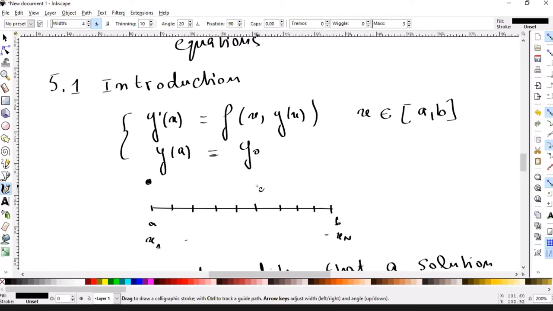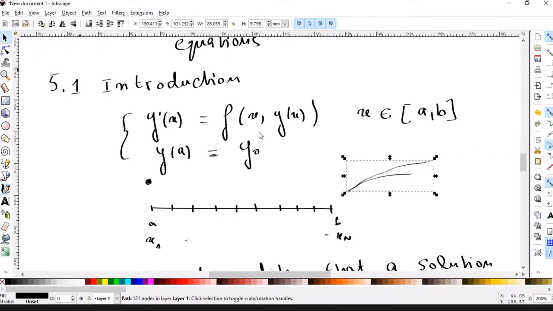This is due to the fact that the error accumulates during the numerical scheme, and you diverge completely from the exact solution. So if the exact solution, for example, is like this, you can start and then diverge from the solution. We will see that this is due to the error on the initial solution.